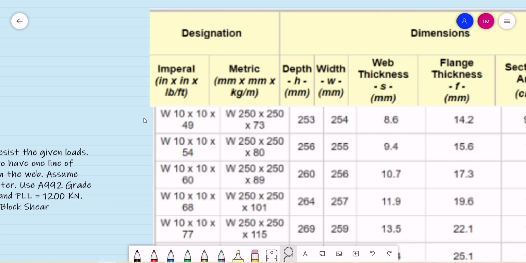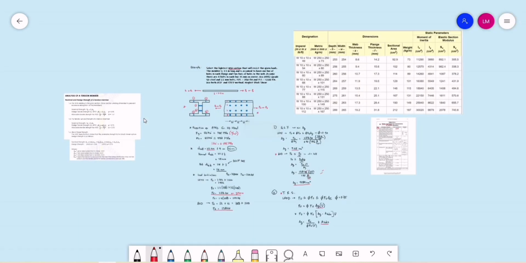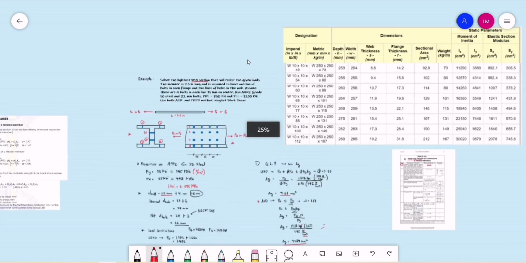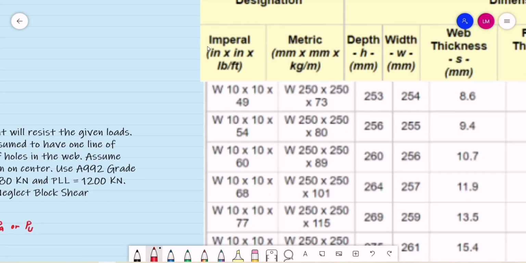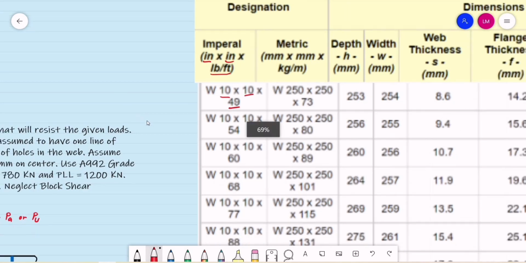This is in imperial; the name is in imperial units. It is W10 by 49. By description, it is inches by inches, then its weight or mass. So a width of 10 inches, then 49 pounds per foot. That will be the mass.